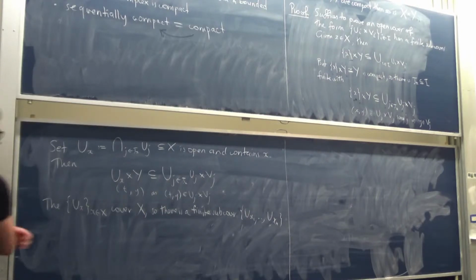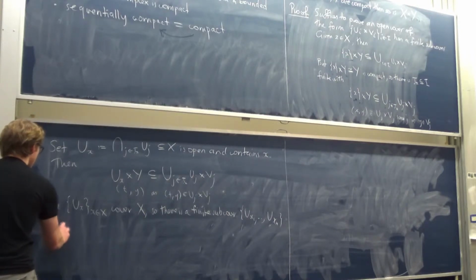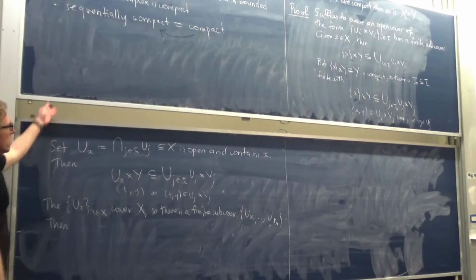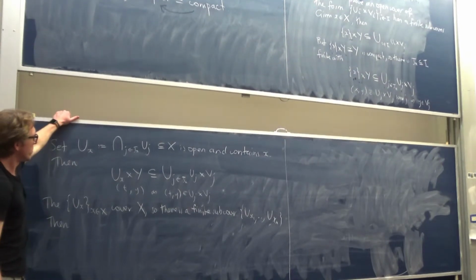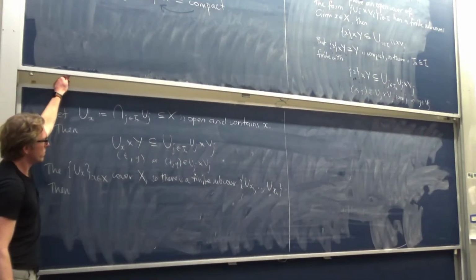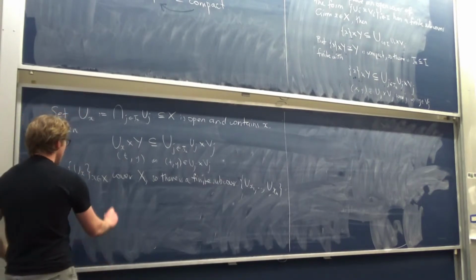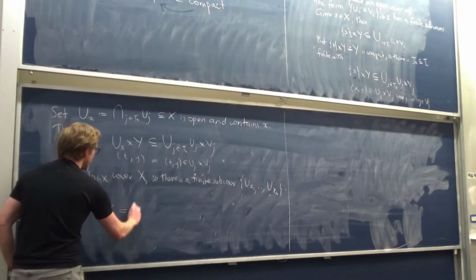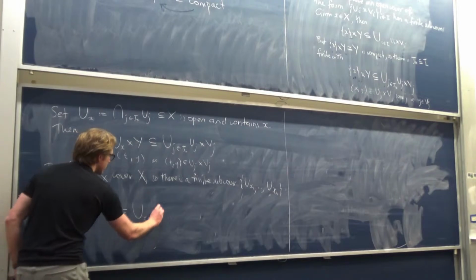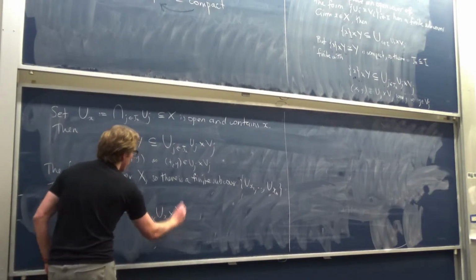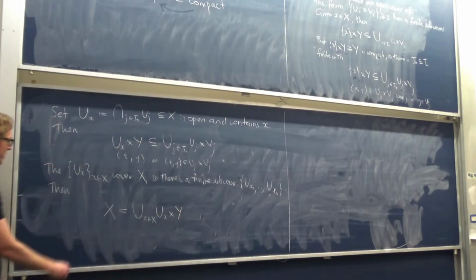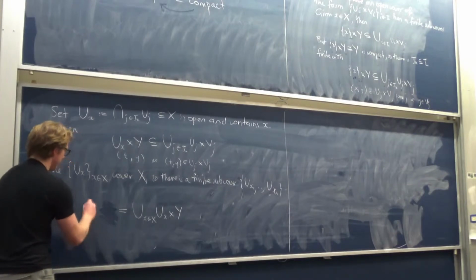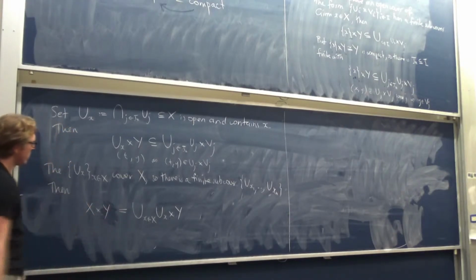All right. Well, then X cross Y is equal to the union over all the xi of Uxi cross Y. Right?